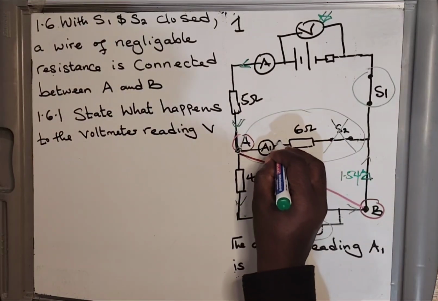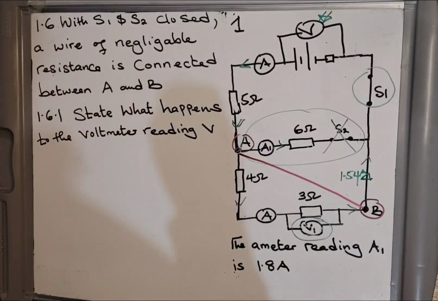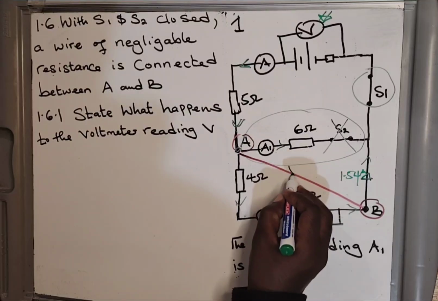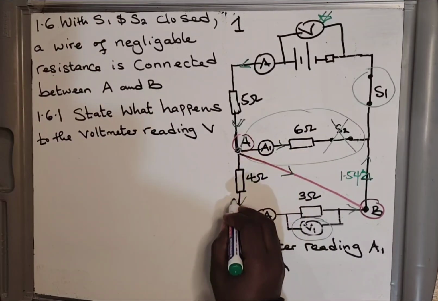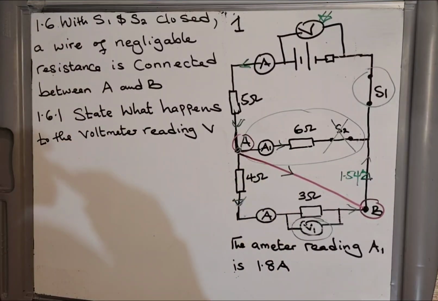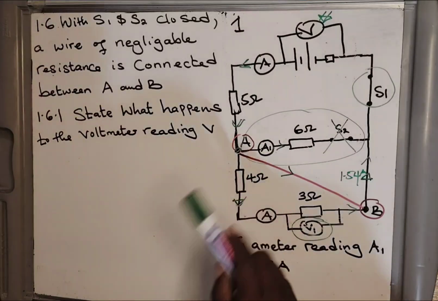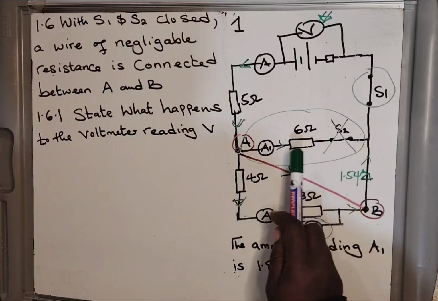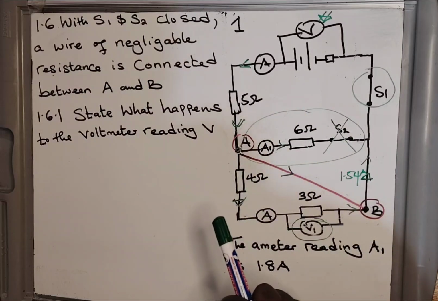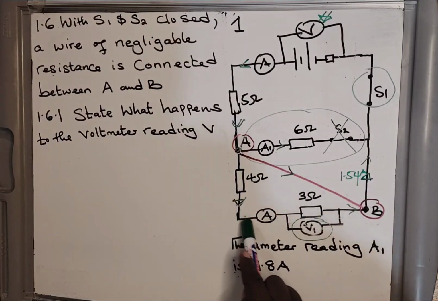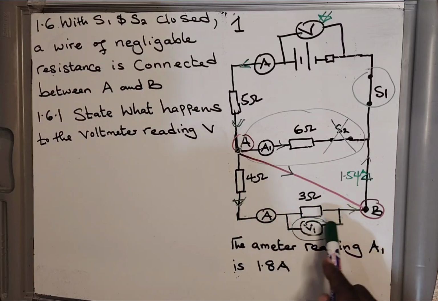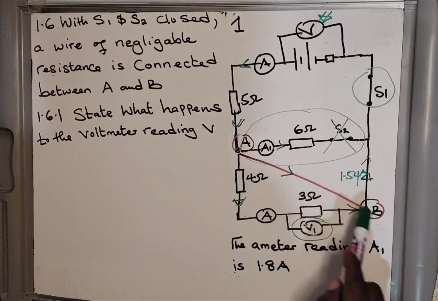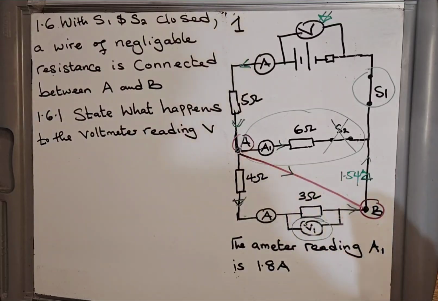Now the current has three alternative routes. The current can pass here, or here, or it can go this route. But there's a small problem here. Let us look at this one. This arm has 6 ohm, and this arm here has 7 ohm, and this one has no resistance.